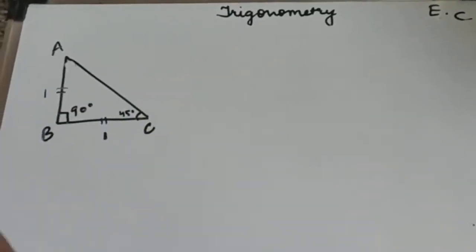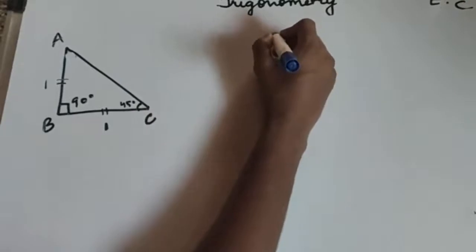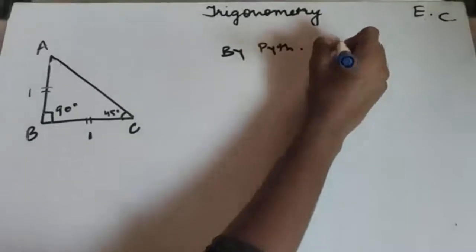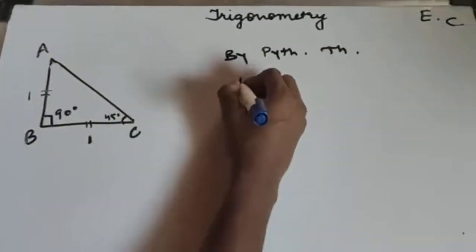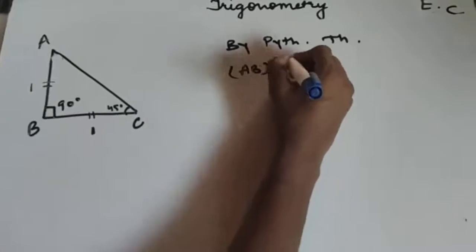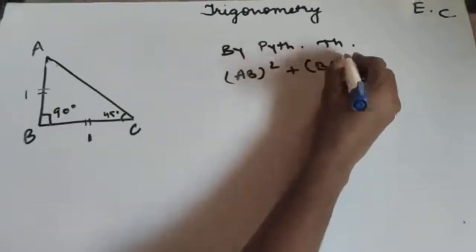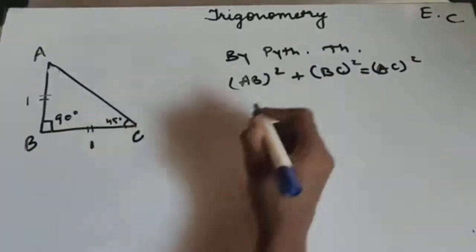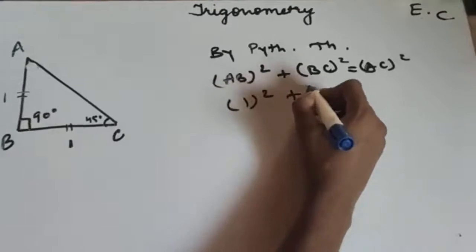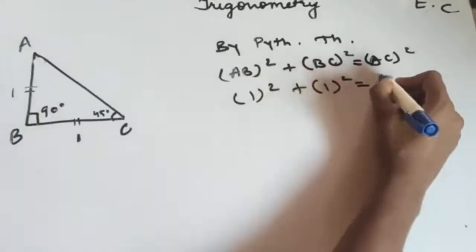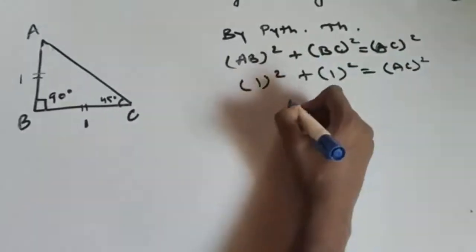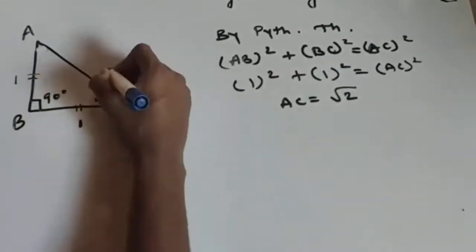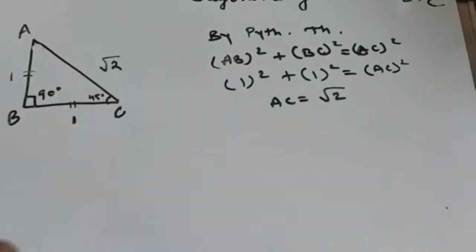By using the Pythagoras theorem, AB square plus BC square is equal to AC square. Here we have the value 1 for both AB and BC, so AC will be root of 2. So the value of AC is root 2.